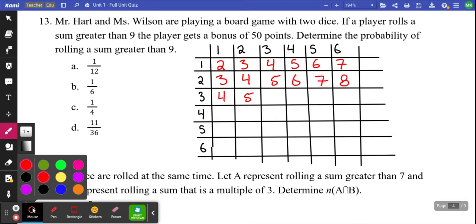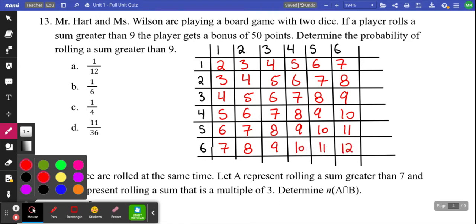You'll notice they just kind of follow a pattern of them adding. Perfect. And there are all the possible outcomes that you could get from rolling these dice and adding them together.